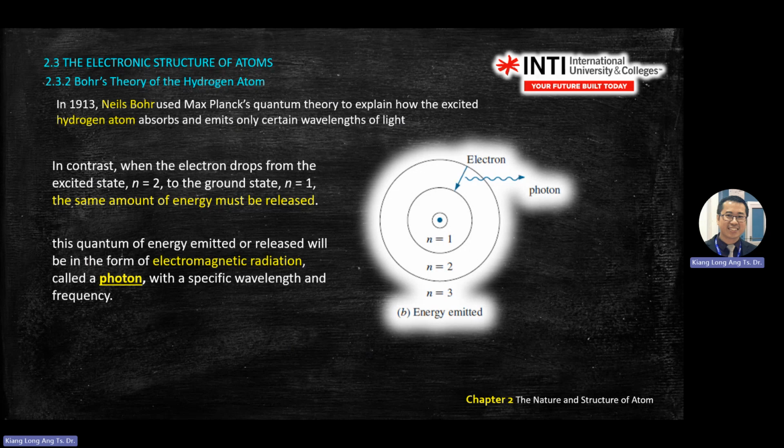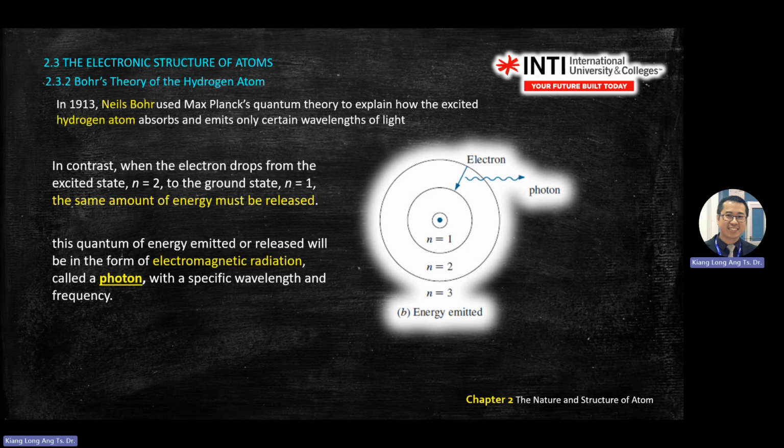The amount of energy released will be equal to the energy it requires to jump from orbit number 2 to number 3. It is the same energy needed, like switching lanes from number 2 to number 3. It will be the same. All right, 2 to 1 is another amount of energy.